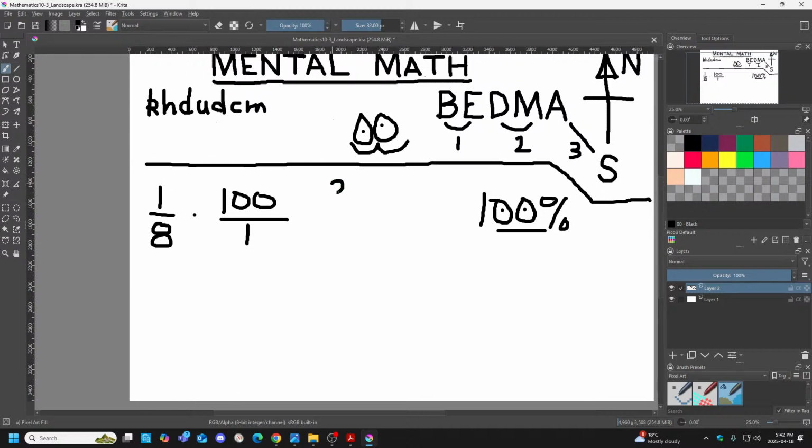We already know, just from the last problem, that 5 times 4 gives us 100. So the missing number is right here. This is the unknown.